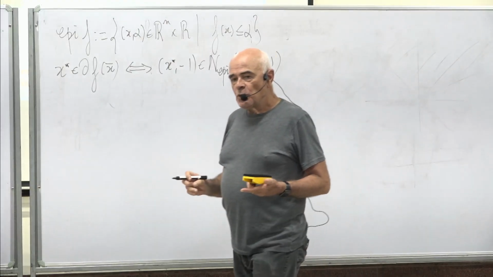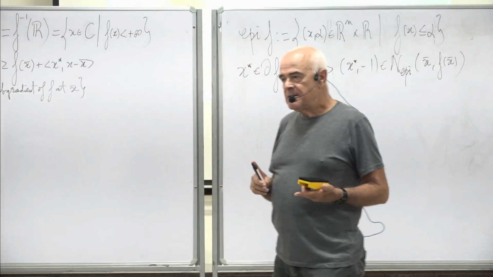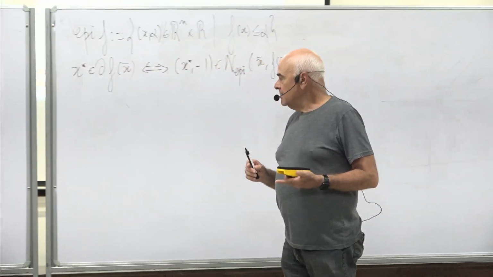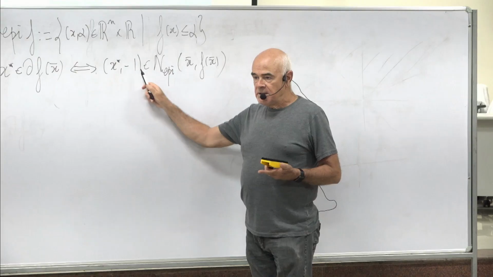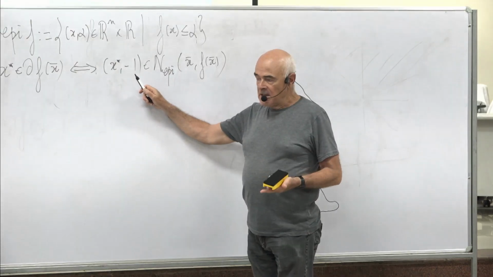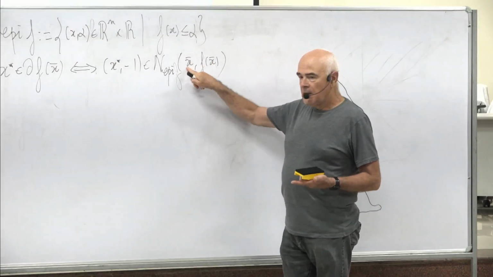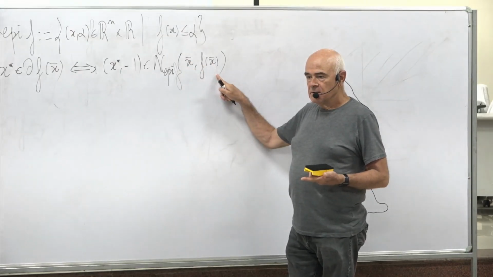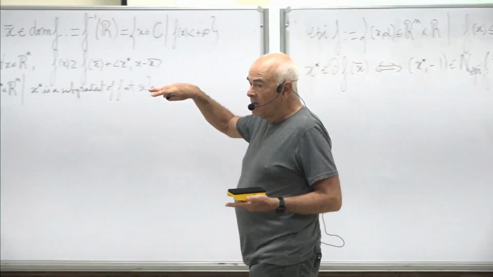And belonging to the normal cone simply says that the linear function defined by this vector attains a maximum on the epigraph of f at this point. So it defines a supporting hyperplane.